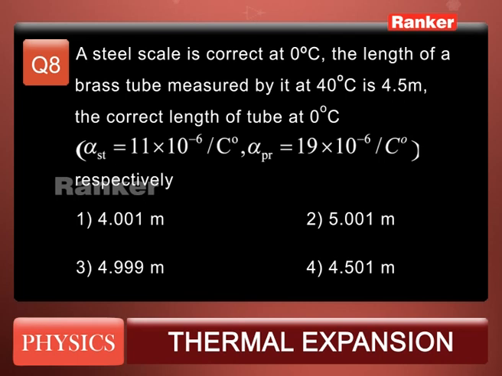Now see question number 8. A steel scale is correct at 0 degrees Celsius. The length of a brass tube measured by it at 40 degrees Celsius is 4.5 meter. The correct length of the tube at 0 degrees Celsius is, where the linear expansion coefficient of steel is 11 into 10 power minus 6 per degree Celsius, while that of brass is 19 into 10 power minus 6 per degree Celsius respectively.